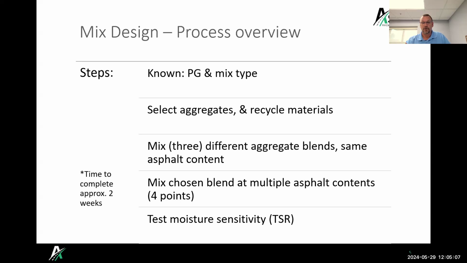Once we come up with an aggregate blend that's going to meet all the specifications, then we blend 4 different asphalt contents with that aggregate blend to optimize and get our optimum asphalt content. We do this shooting for 4% air voids. All the mix designs we do here in Michigan, we design at 4% air voids.